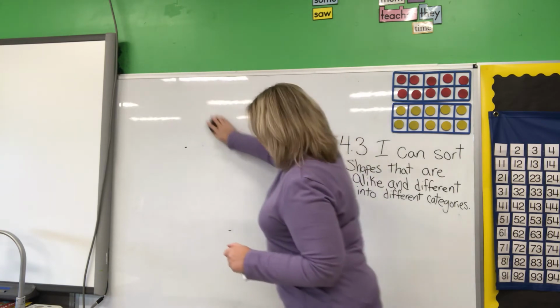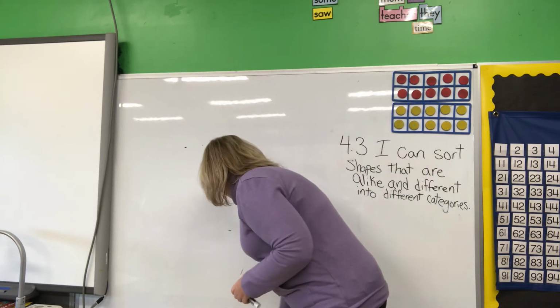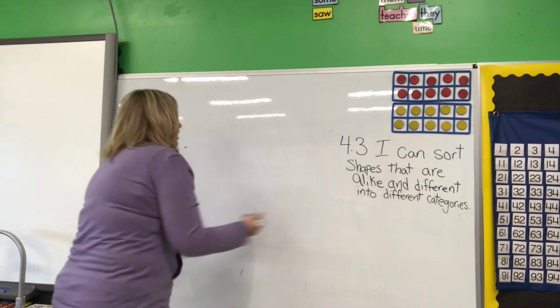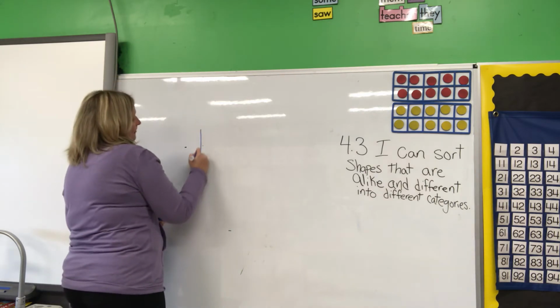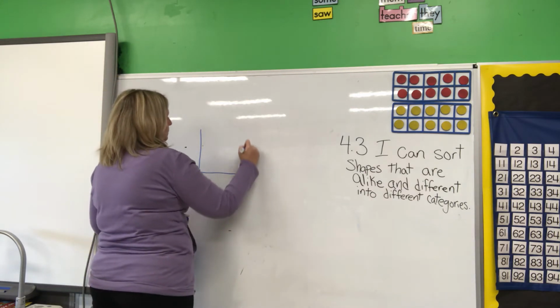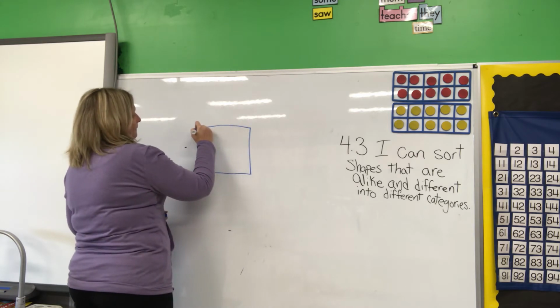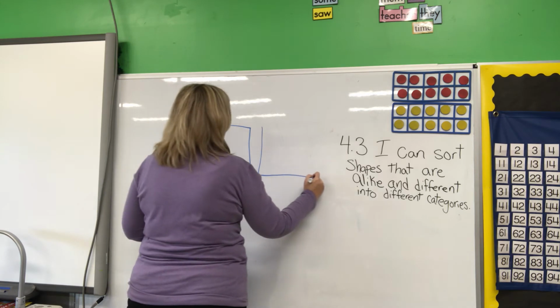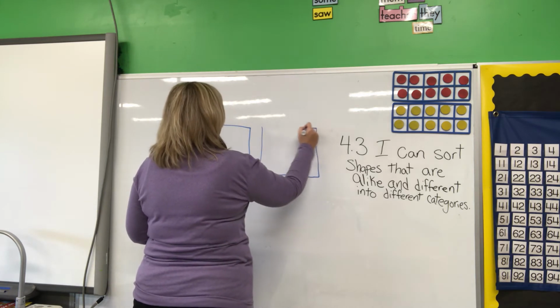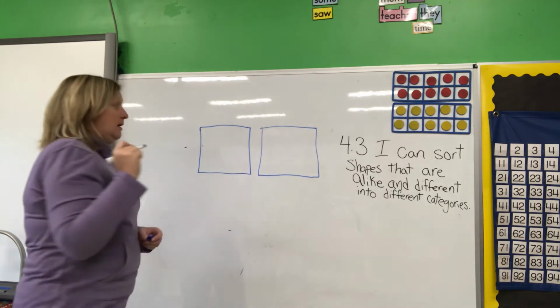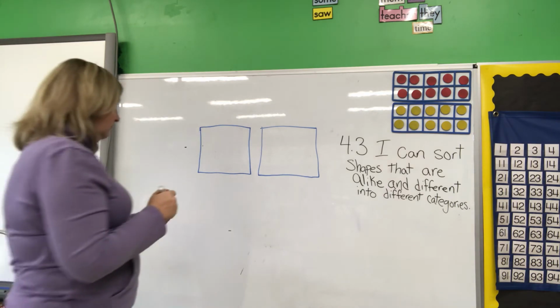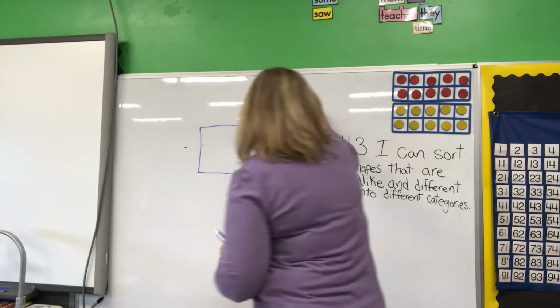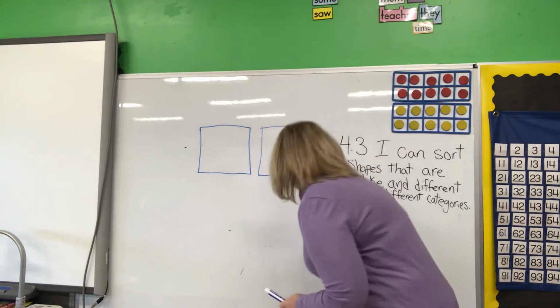Okay? So I'm going to draw some shapes up here. There's one. Here's 2. My squares aren't perfect. Not very good at it.